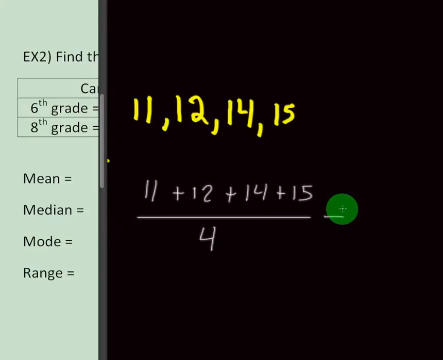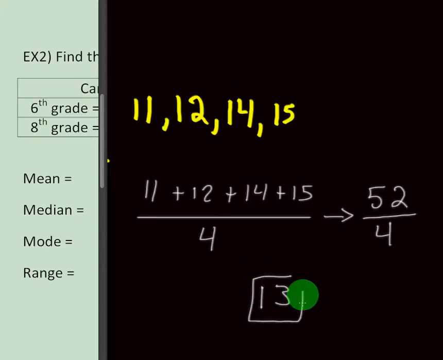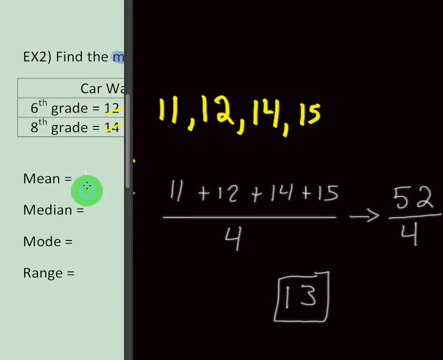This is the same as writing 52 divided by 4. We get 13. I can box that up here and place 13 right here. Probably need a darker color. Great. Now we can move on to finding the median.